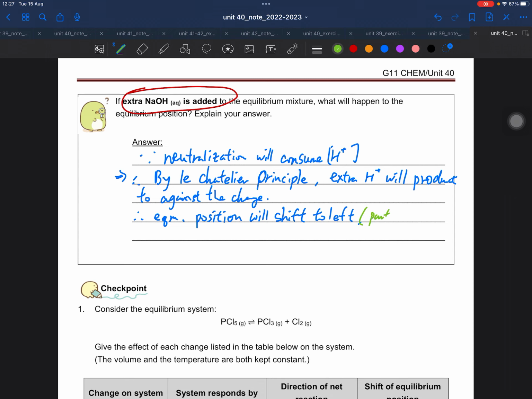Okay, I highlight here part of the product. So it's up to you, you don't need to copy the green words.